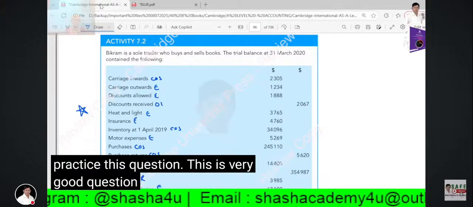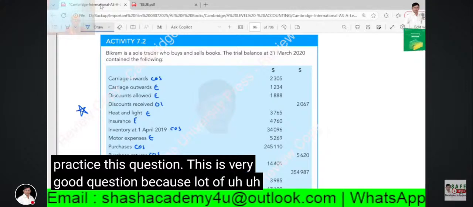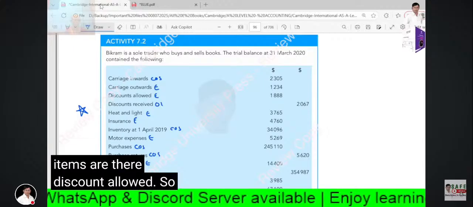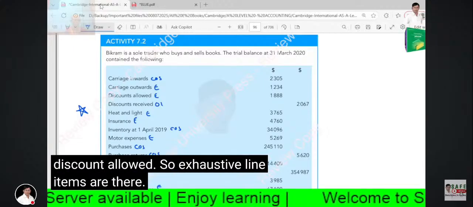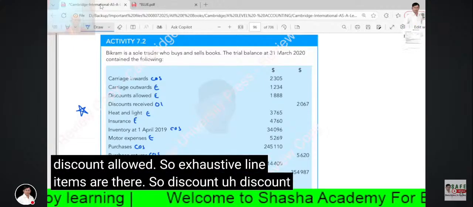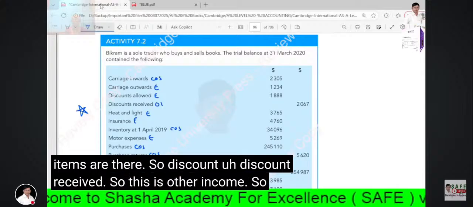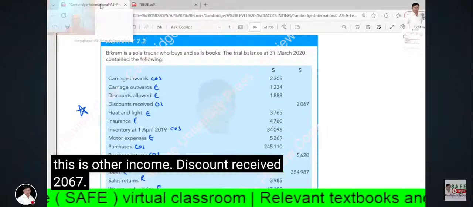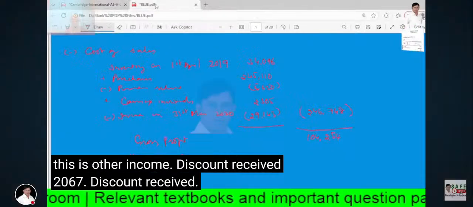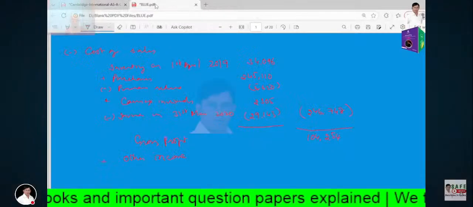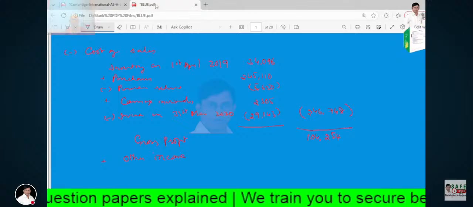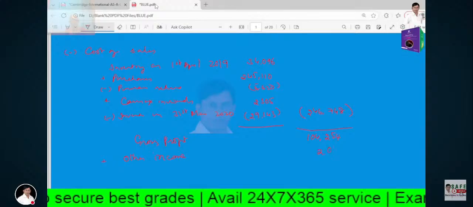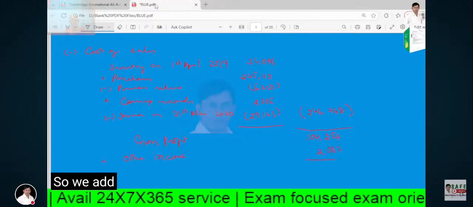This is a very good question because a lot of line items are there. Discount allowed. So exhaustive line items are there. So discount received. So this is other income. Discount received 2067. So you add this.